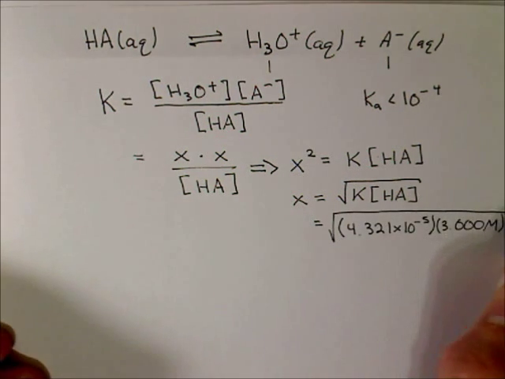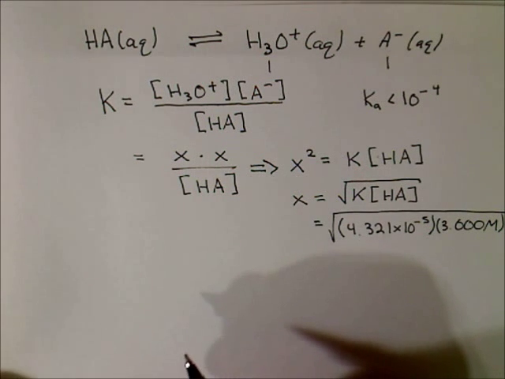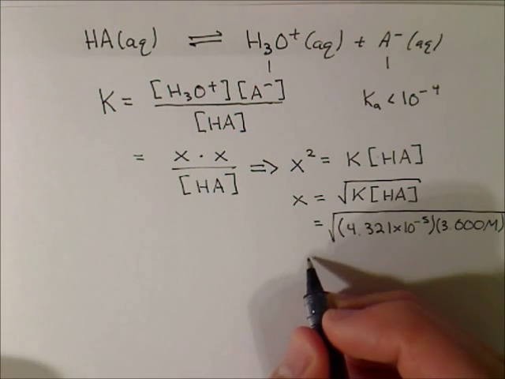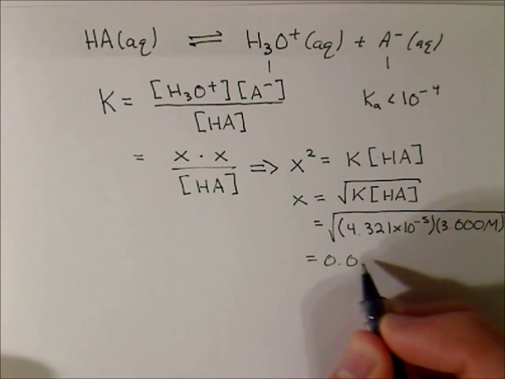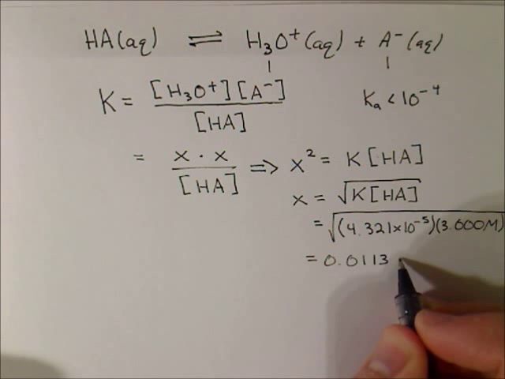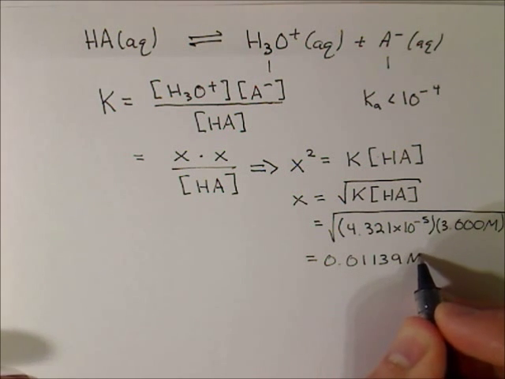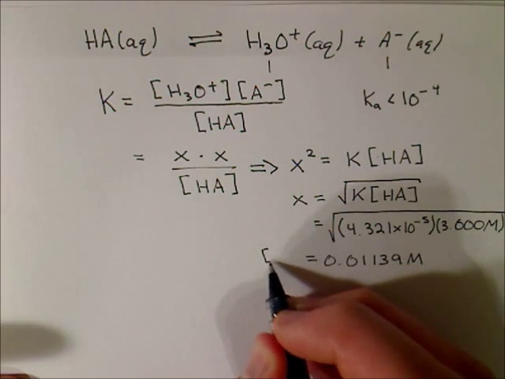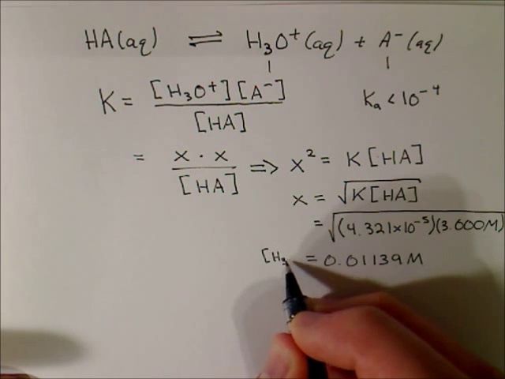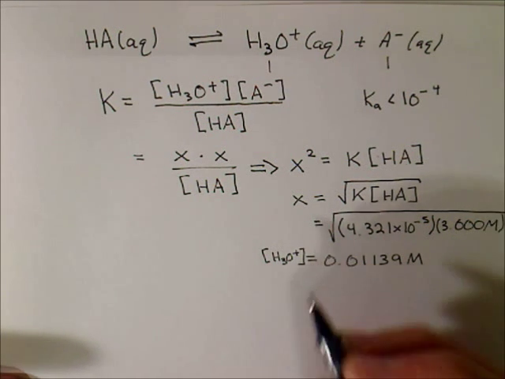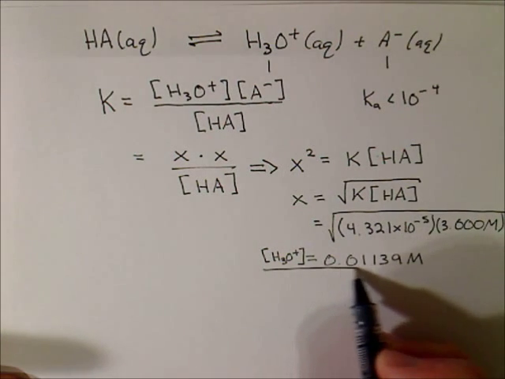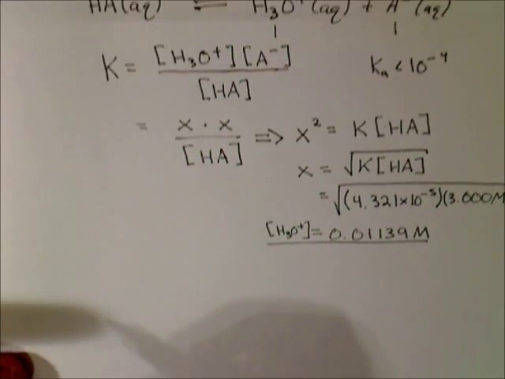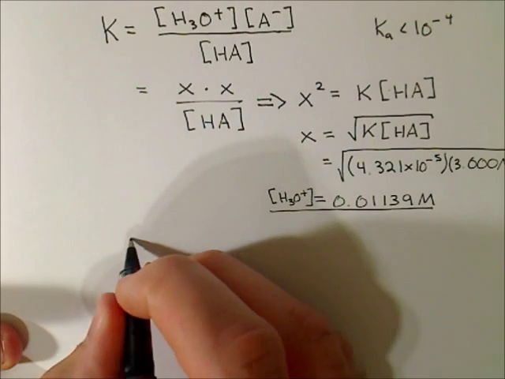Take the square root of all that. And when we do so, we figure out that it equals, and this is just equal to our concentration of H3O plus, as we showed earlier, which is just equal to X. So now that we have H3O plus, we can solve for the pH.